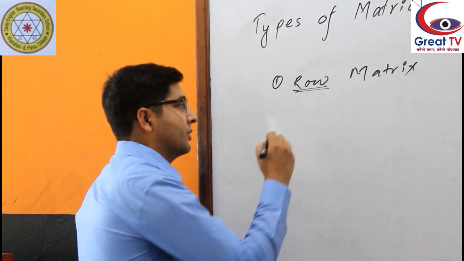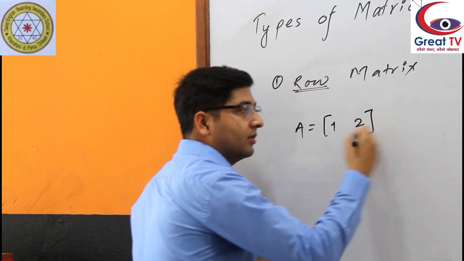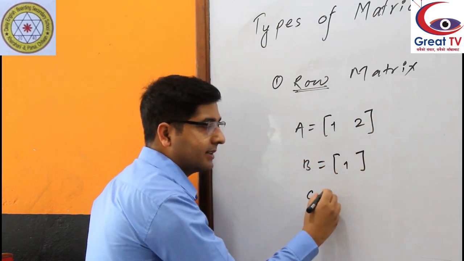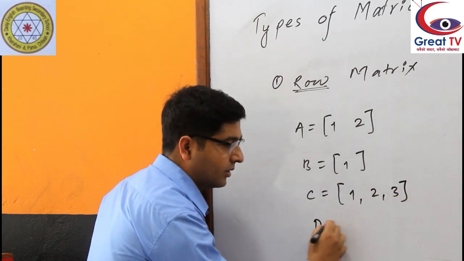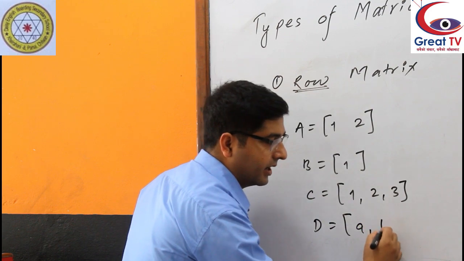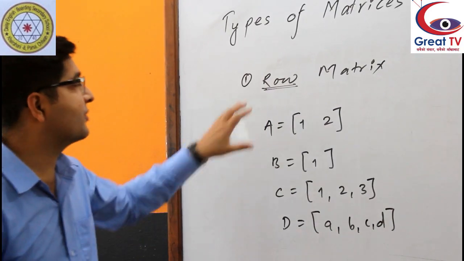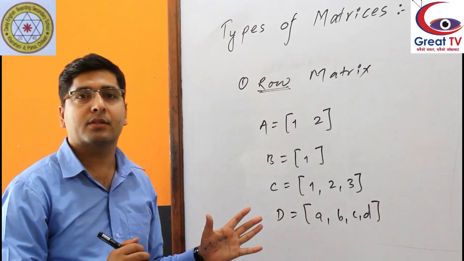You can see here, A equals 1, 2, B equals 1, C equals 1, 2, 3, D equals A, B, C, D. You can see on the whiteboard we have 4 different matrices. You can write the order of these matrices.